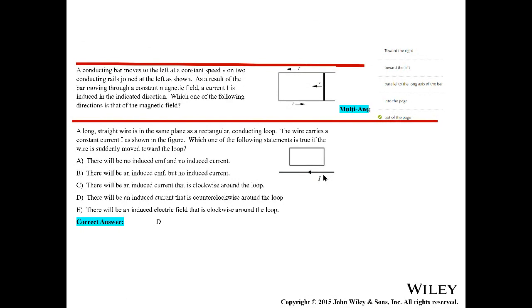But now you're increasing it. So what will the induced current in the loop do? It will now oppose you. So the induced current will now flow counterclockwise, because then the magnetic field would be opposite, to oppose the change. All right, so the answer is it will be counterclockwise.